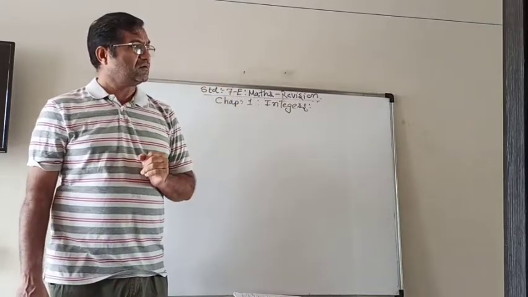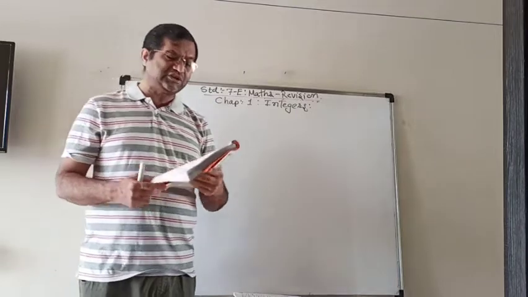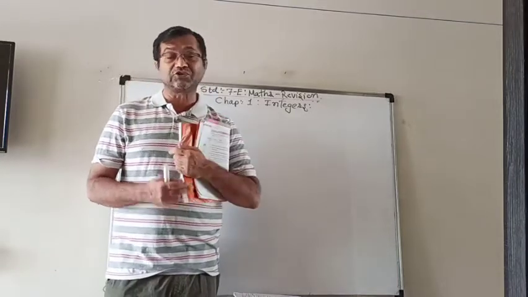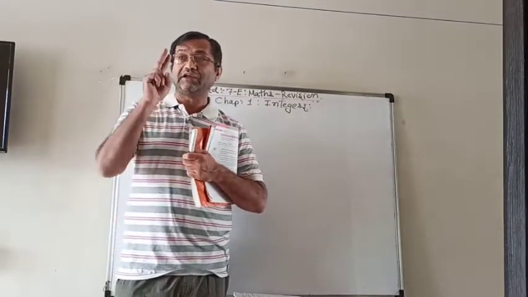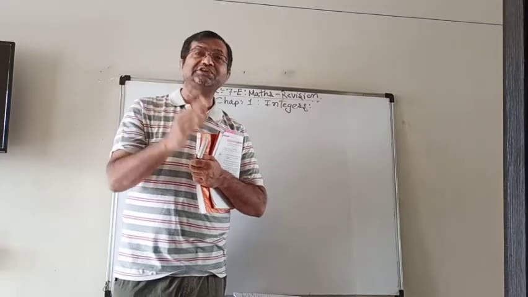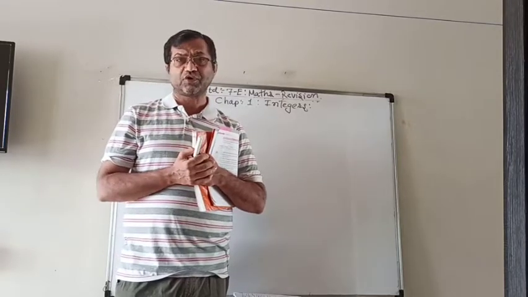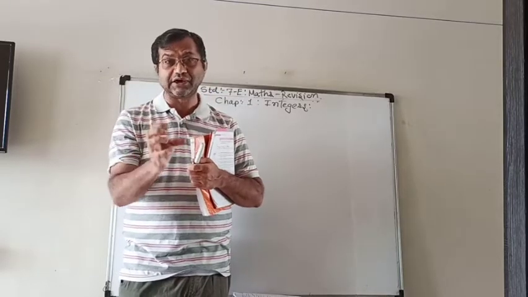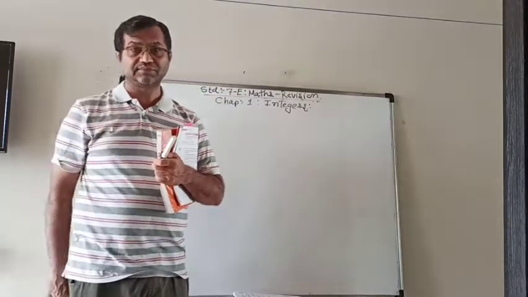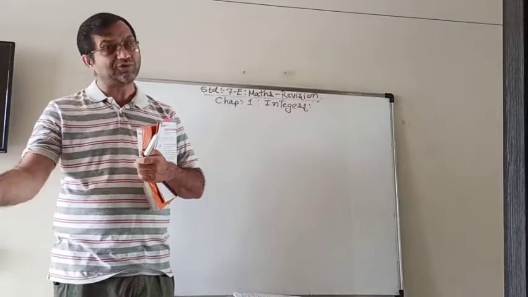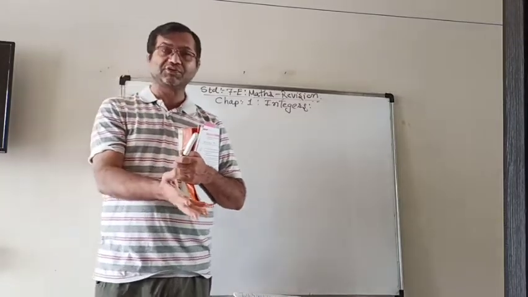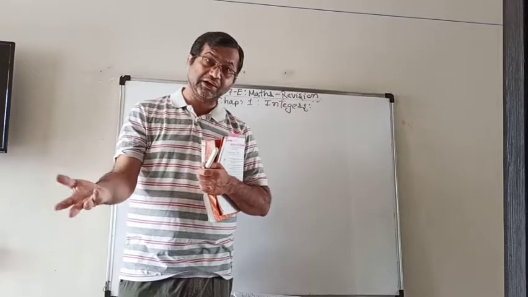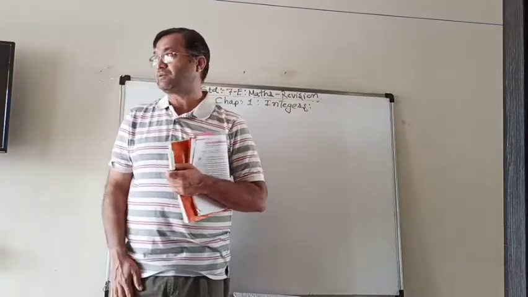Now, when we add integers, we remember that when you add 2 positive integers or 2 negative integers, we add them and give the appropriate sign. If both numbers are positive, the answer will be positive. If both numbers are negative, the answer will be negative again.